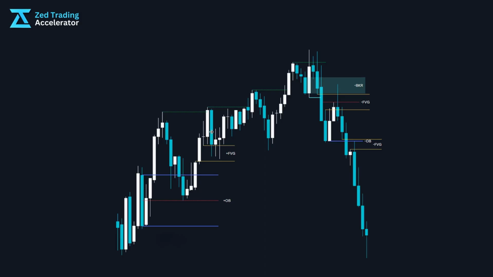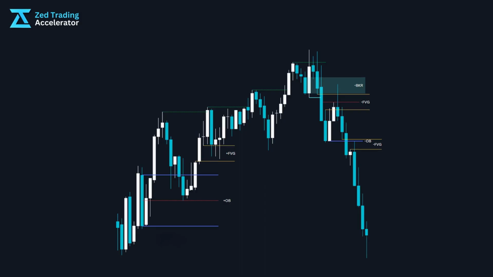And for the last time, price once again tried to go deeper, but price once again failed to displace lower, respecting this fair value gap. And now it has continued higher. See that? This right here is our true support and resistance.